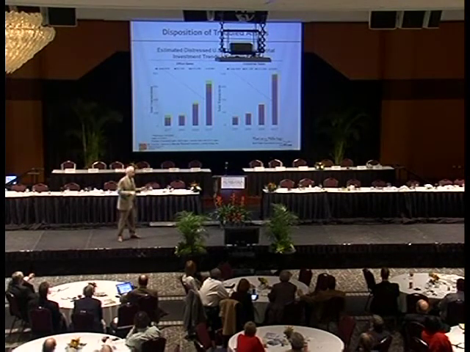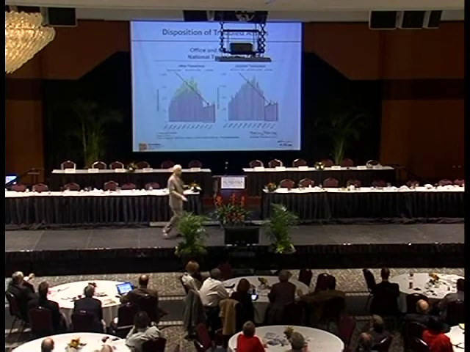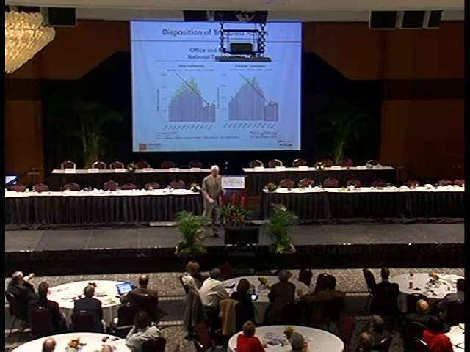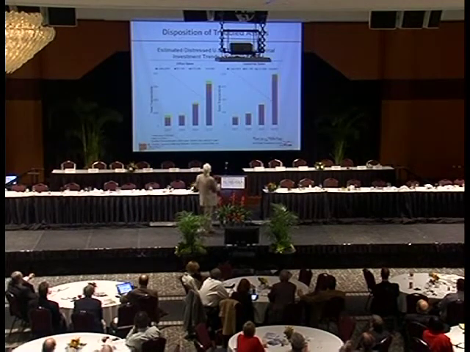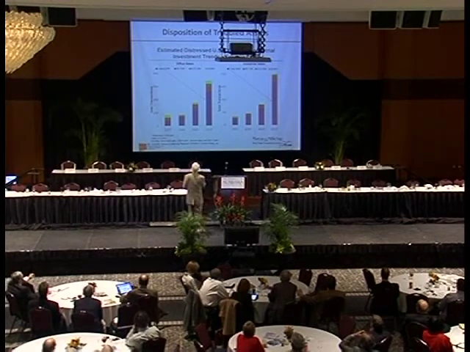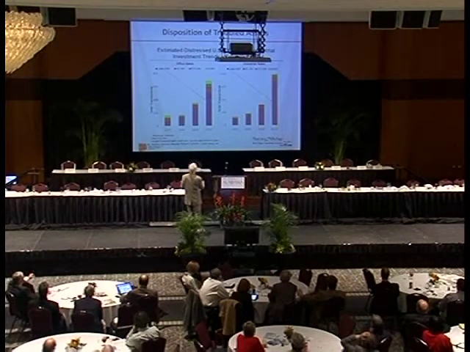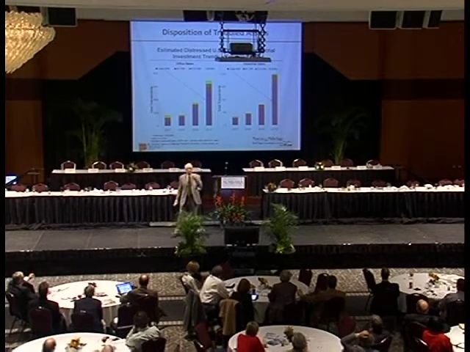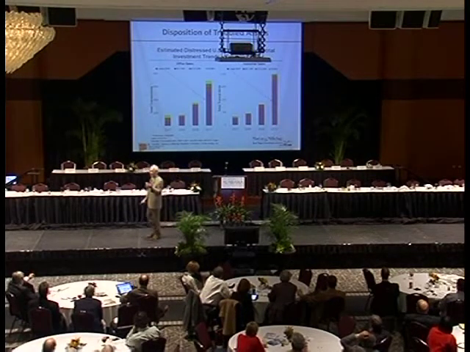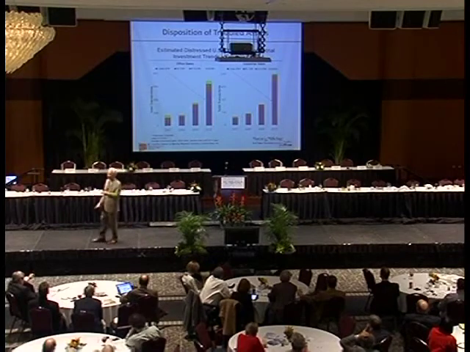What you may not be able to read is that this is the under $5 million category, this blue bar and this blue bar. So the bulk of the transactions that are taking place are in the under $5 million market.